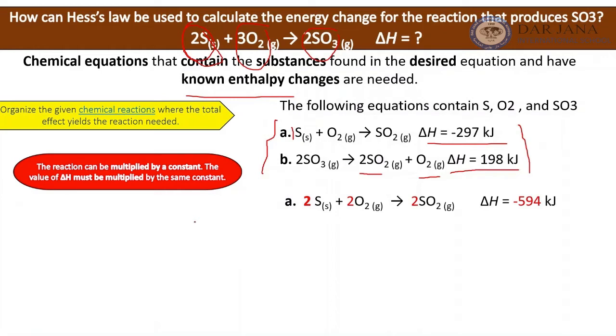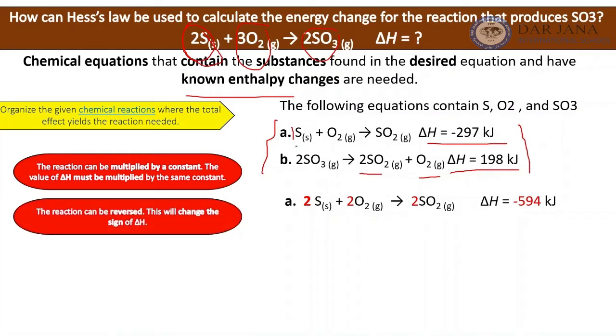Now, the second reaction, sulfur trioxide is a reactant, while in the desired equation sulfur trioxide is a product. So we have to reverse or flip the equation. When we reverse the equation, we have to change the sign of the delta H.